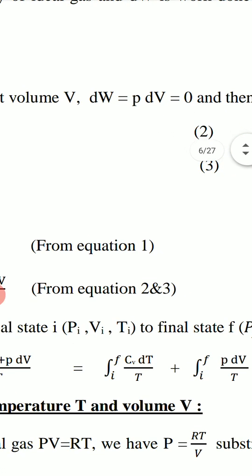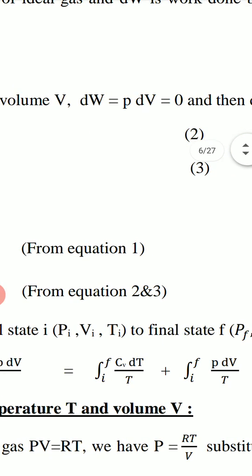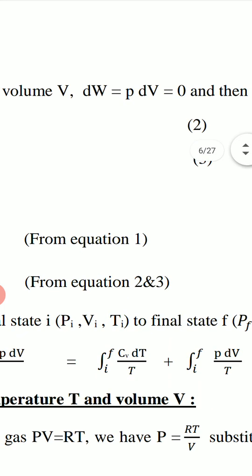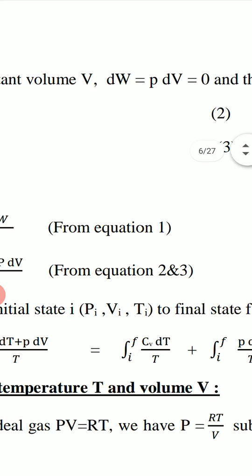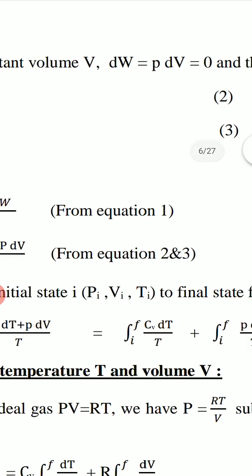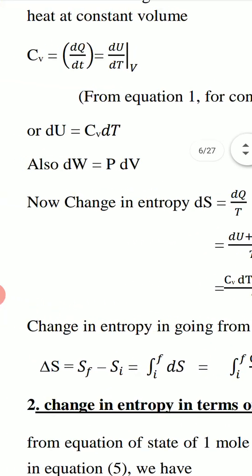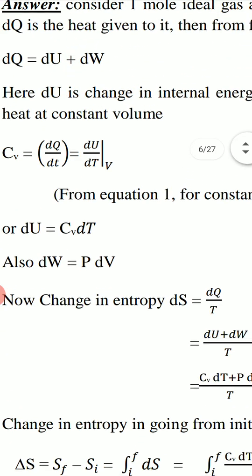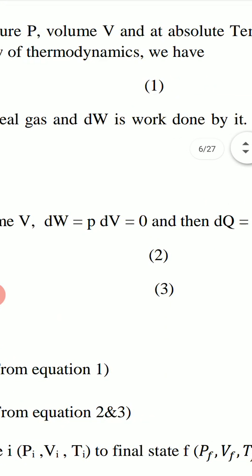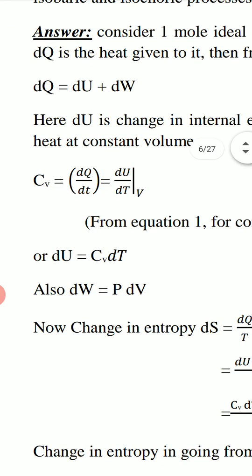Because it is at constant V, work done dW, which is equal to pdV, now becomes 0. Because for constant volume V, dV is 0, so dW is 0. So from first law of thermodynamics, that is equation 1, for constant volume we can write dq equal to du.